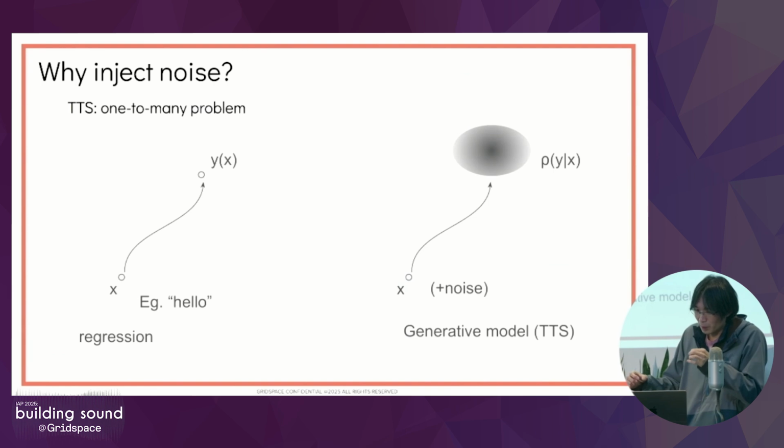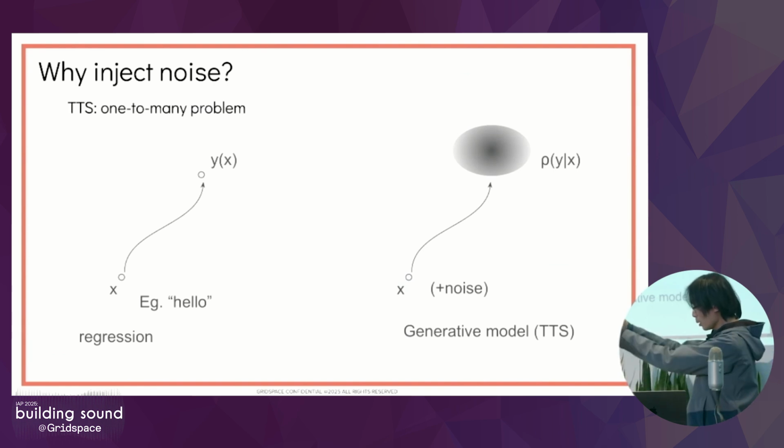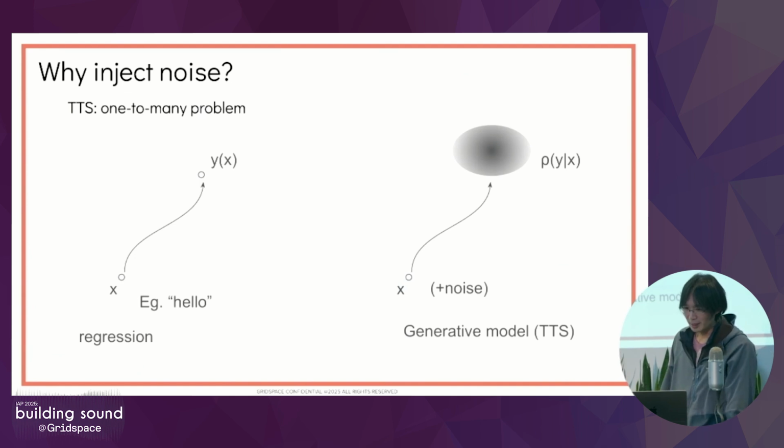So given an input X, you want it to give you a blob, a big ball in the output space that tells you how probable each output should be. But in order to make it output such a blurry object, during training, you also want the model to know, okay, this is adjustable. You don't need to follow exactly from the input. So we inject some noise into the training process. In the case of Tacotron, you do it by setting that dropout to be 0.5.